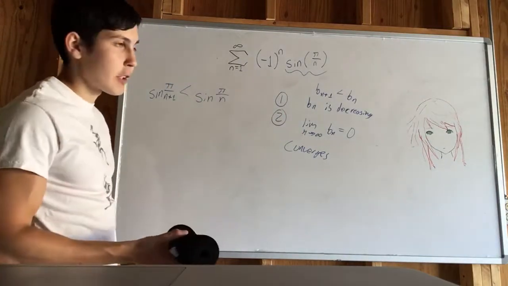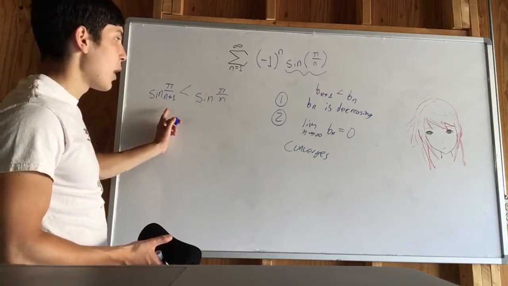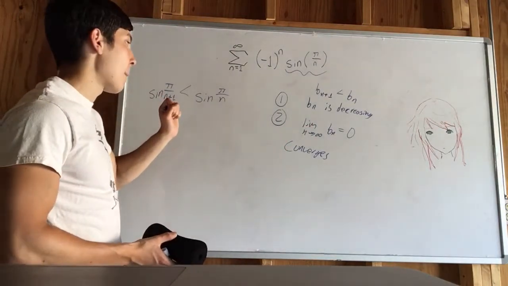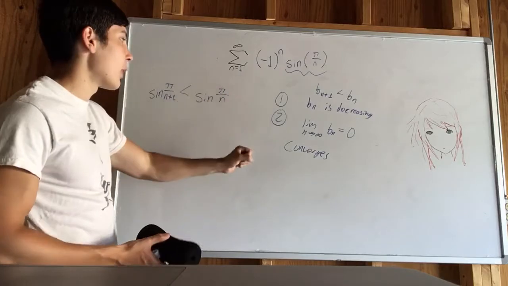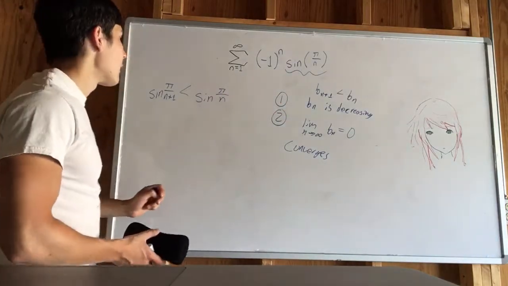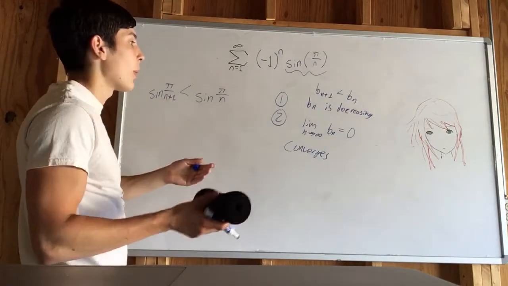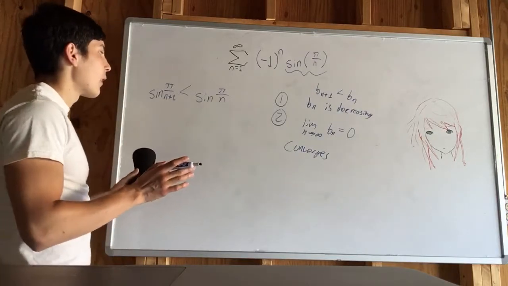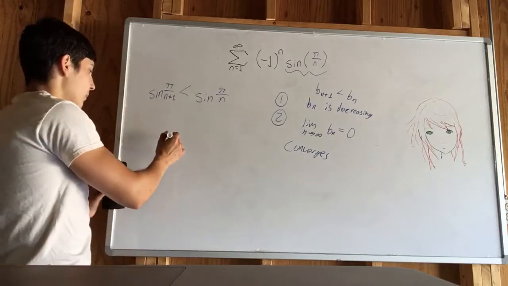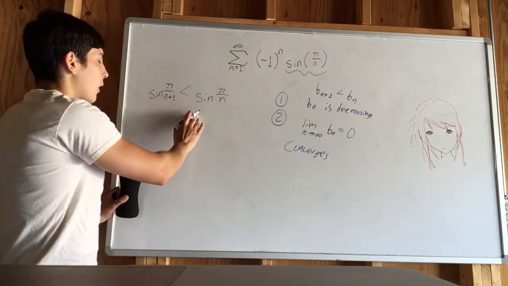If for the first 100 terms this isn't less than, but then for all other terms until eternity it is less than, then we still say that it fulfills our criteria. Even if for the first few terms of the series it doesn't, we just need to make sure that it always does eventually. So that's the first thing we have to get clear, that it doesn't have to be for all.